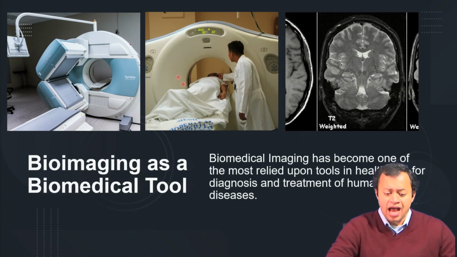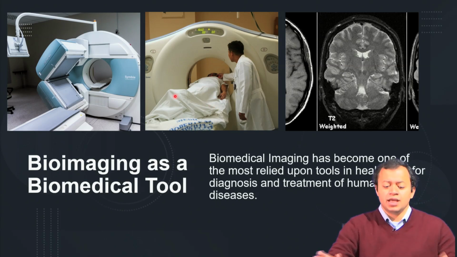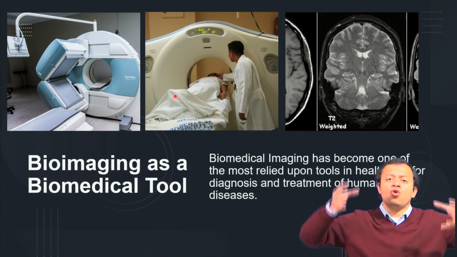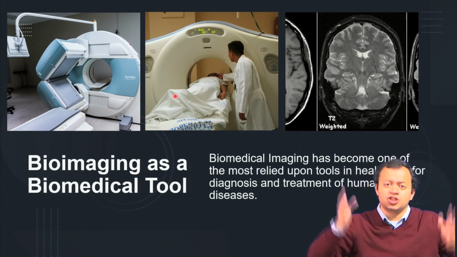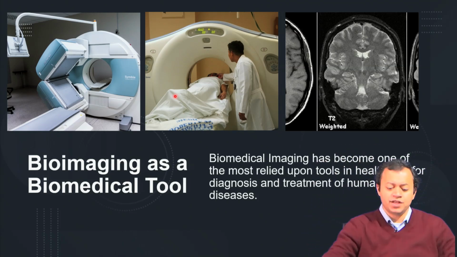So, therefore, you have CAT scan. Previously we used to call it CAT scan, computer aided tomography, or these days they are called CT scan, computed tomography, where X-rays are put in all different directions, slices of X-rays are taken, and then with the help of a computer in between, they combine all the X-rays taken from different directions of the same human body.